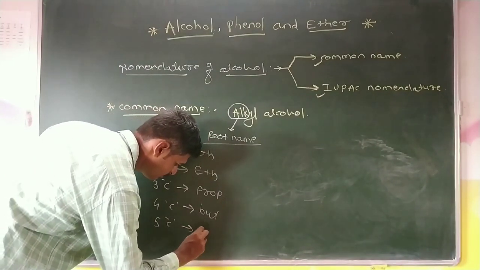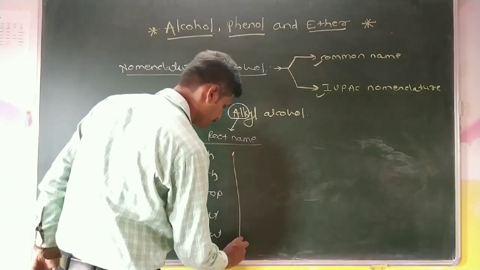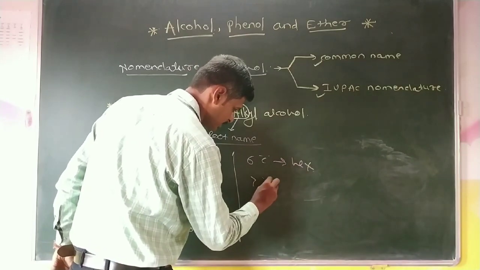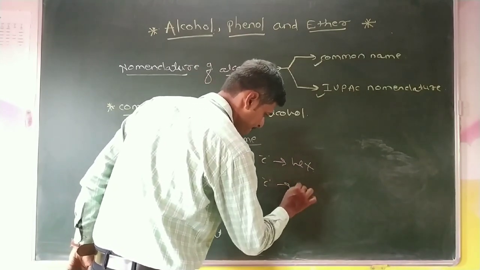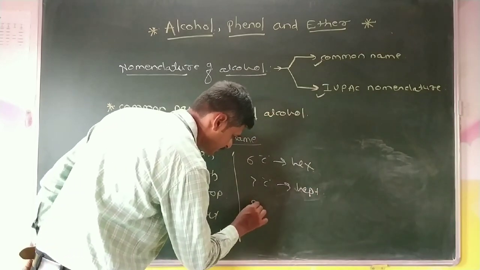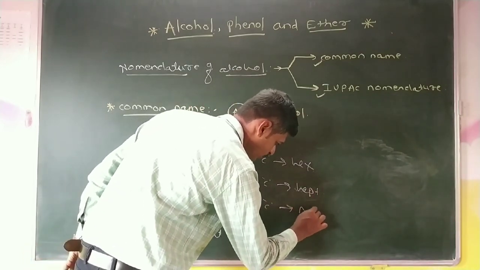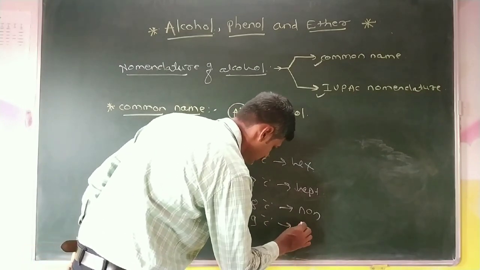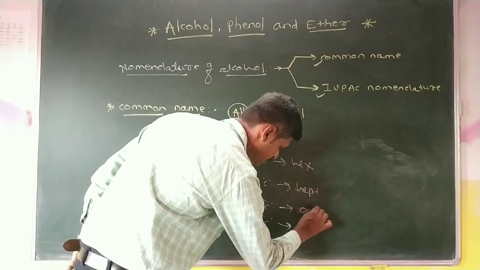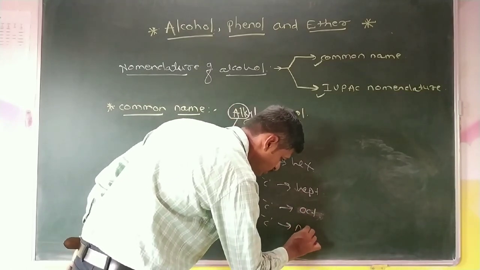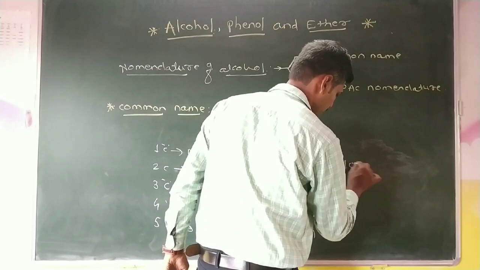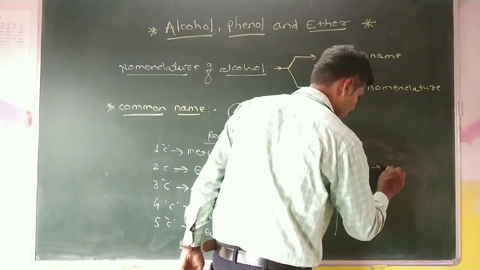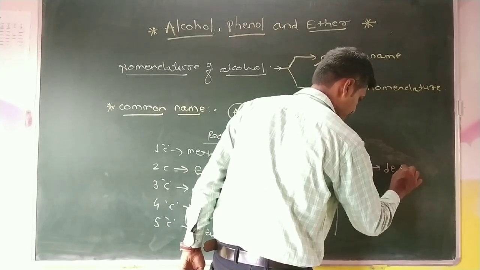Six carbons, hex. Seven carbons, hept. Eight carbons, oct. Nine carbons, non. And ten carbons present in one molecule, then the root name is dec.